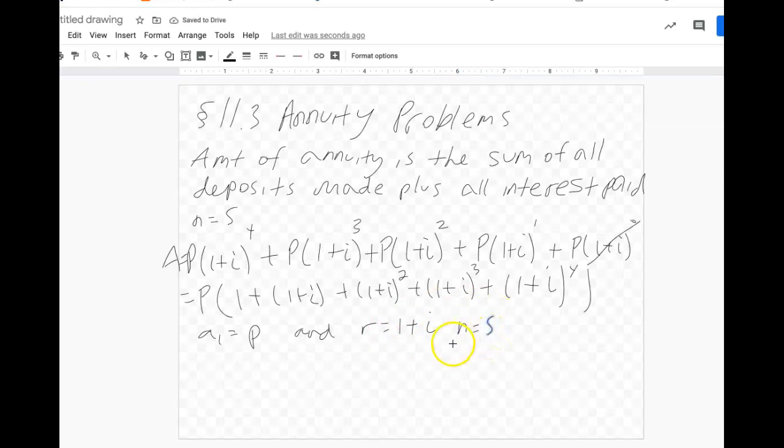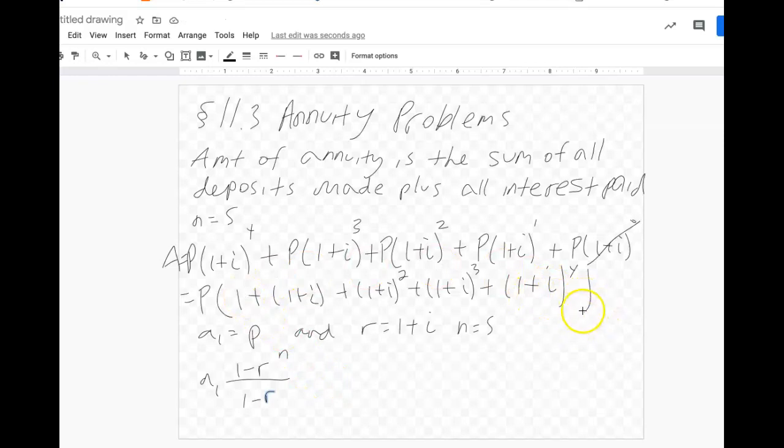But at this point, hopefully you can extrapolate this to if we made n deposits, maybe 30, or it varies. What we can tell is that when we have a finite geometric series, we can express the sum as a1 times 1 minus r to the n over 1 minus r. And so we'll do that in general for our problem.